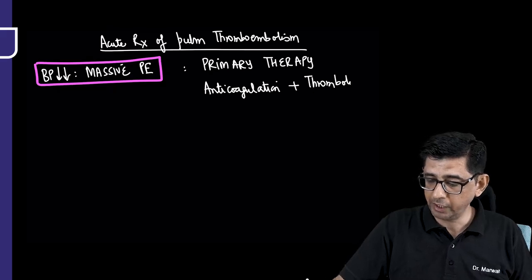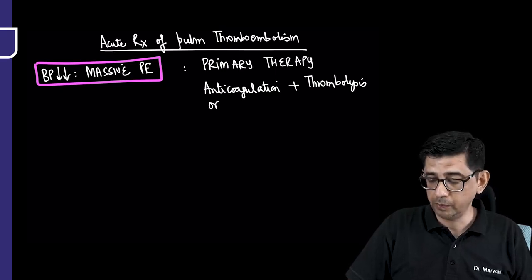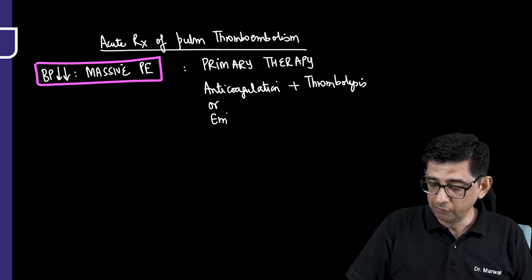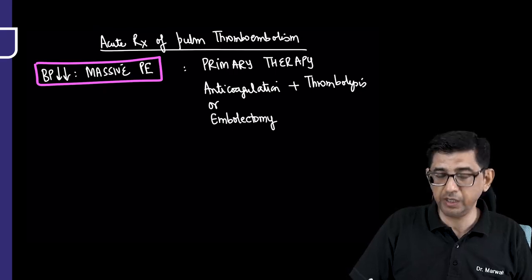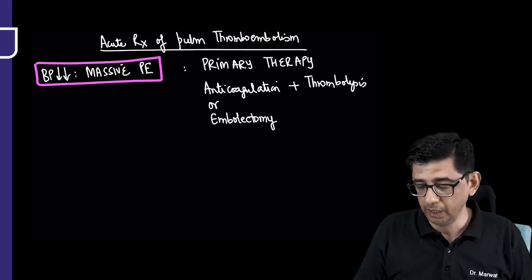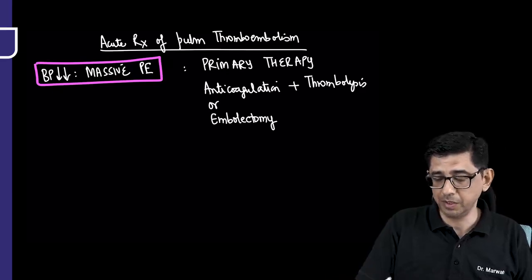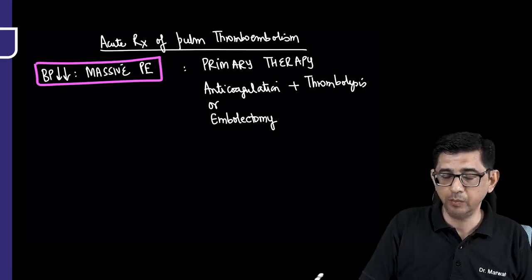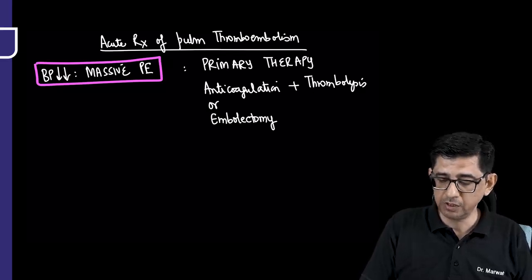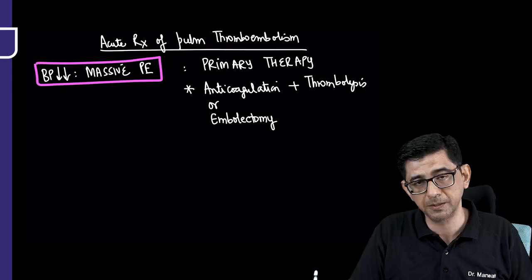This approach might involve the patient undergoing surgery, or it might be catheter directed also, where we'll put in a catheter going towards the right side of the heart, and we'll catch the clot in one piece and remove it. That would be embolectomy. So the main message is, in a crashing patient, what is the approach to be used? It is anticoagulation or thrombolysis or embolectomy. If both are given, the first answer would be what is mentioned here, anticoagulation plus thrombolysis.